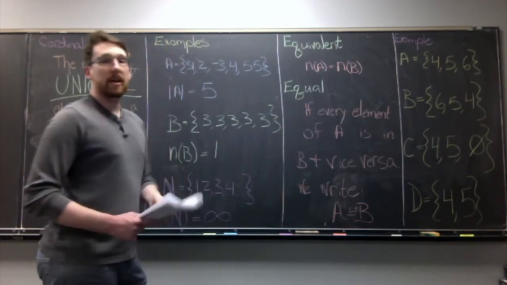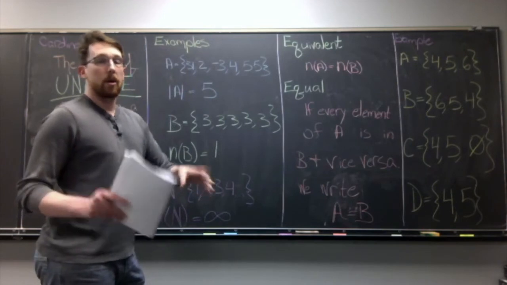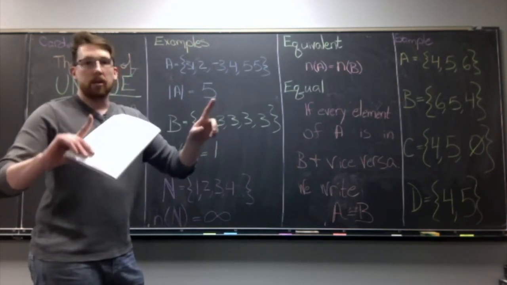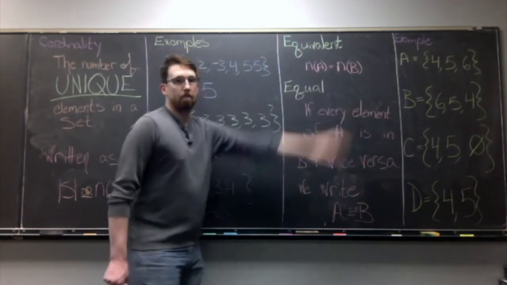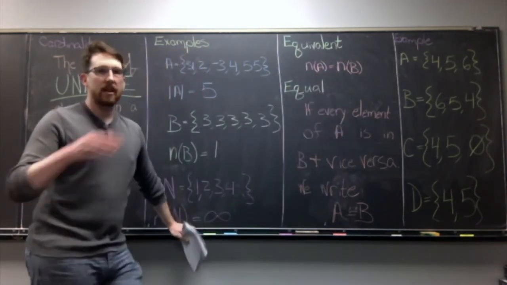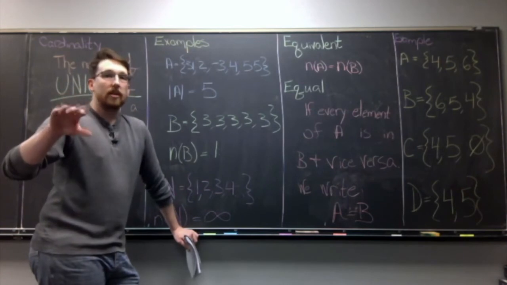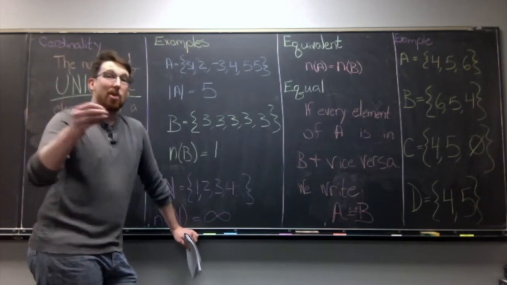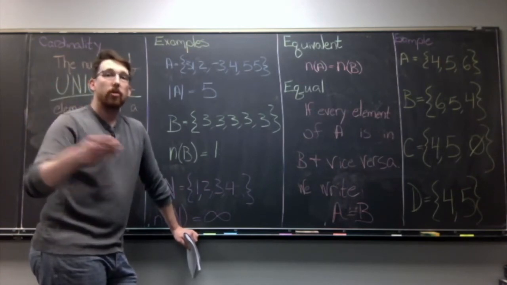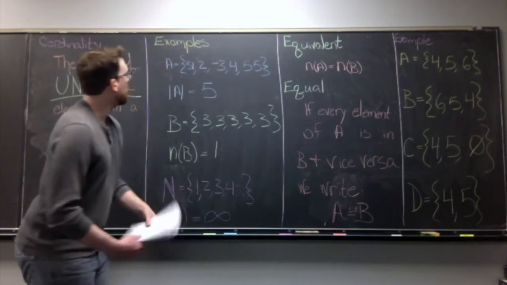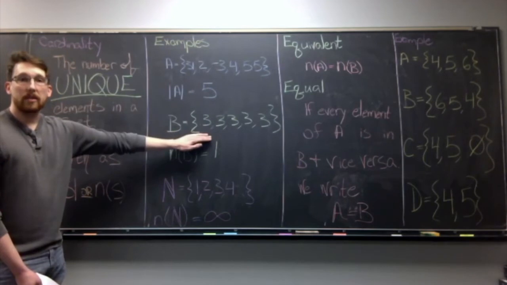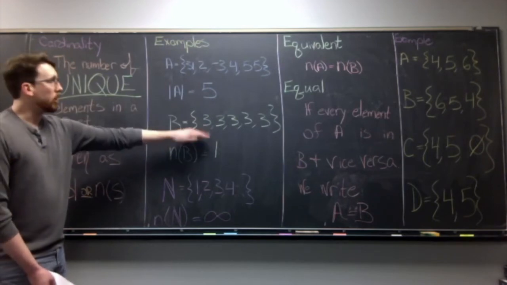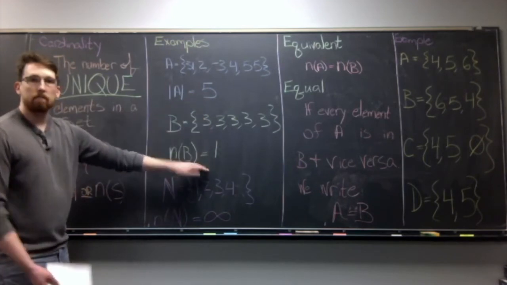An equivalent set is only a set, or only 2 sets, whose cardinality are the same. So let me say that again. We've got 2 sets, A and B. If their cardinality is the same, they're said to be equivalent. Set A and set B are not equivalent sets because their cardinalities are different, right?